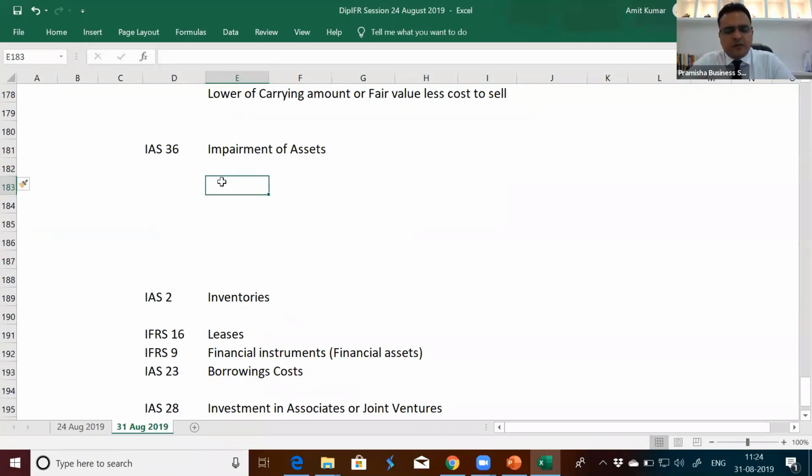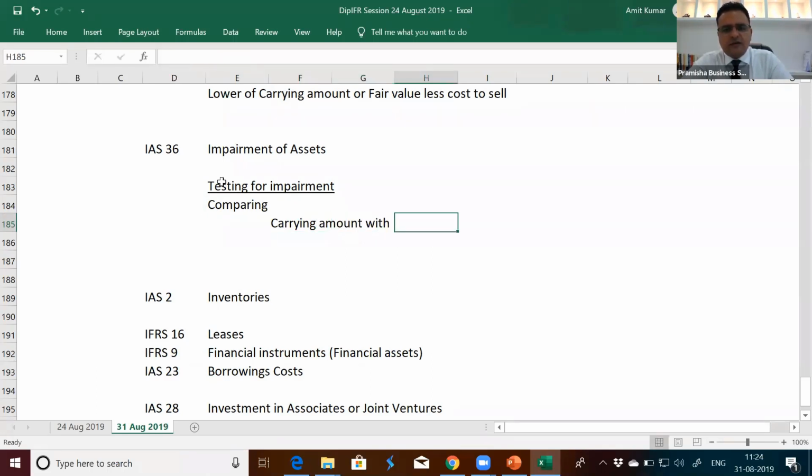And testing for impairment means that we are comparing the carrying amount with recoverable amount. What is recoverable amount?